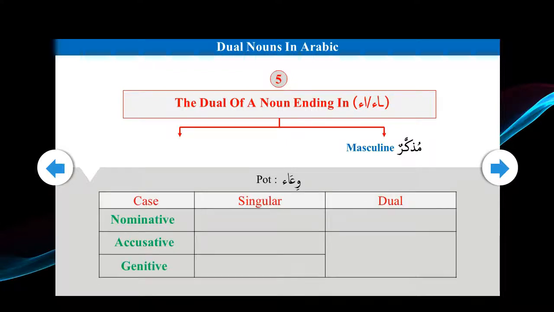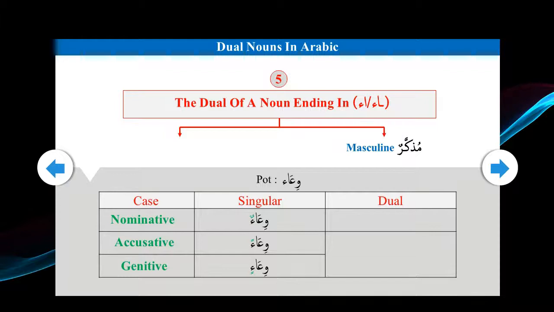The singular in the nominative case is وعاء, and the same in the accusative and genitive cases.